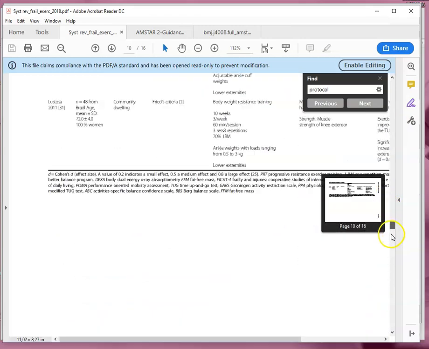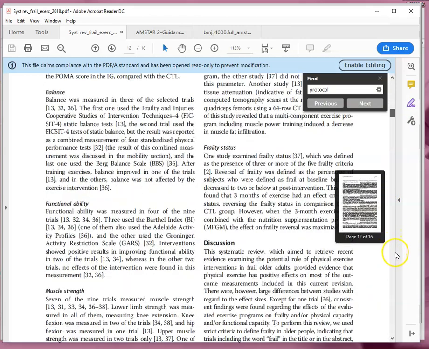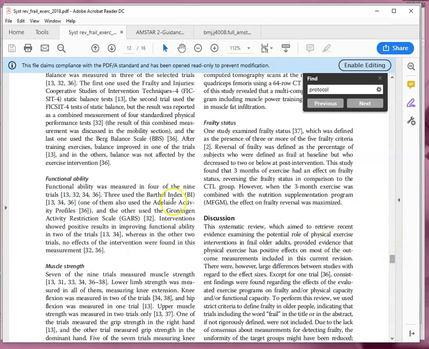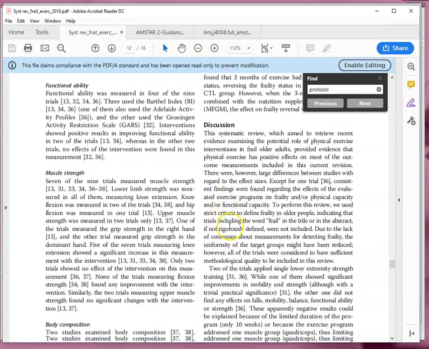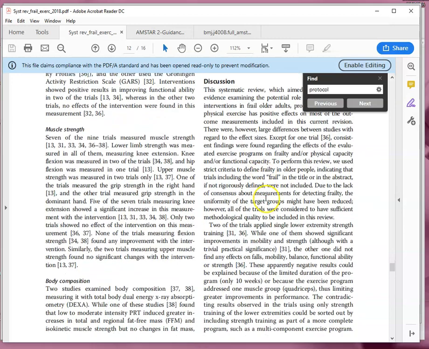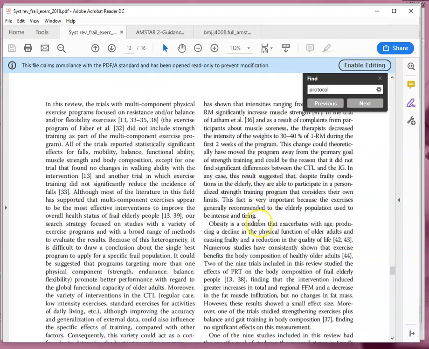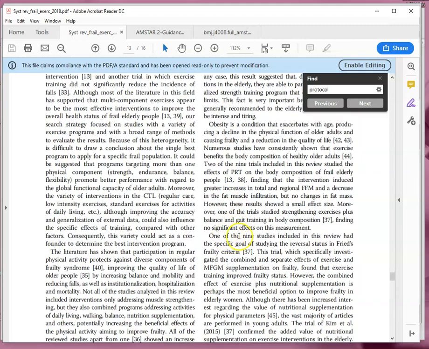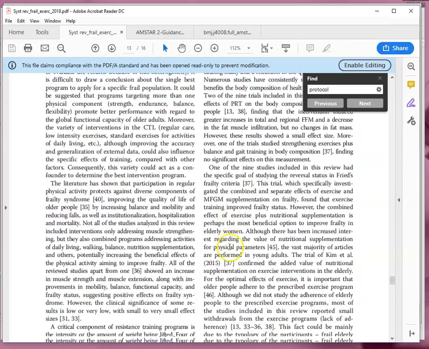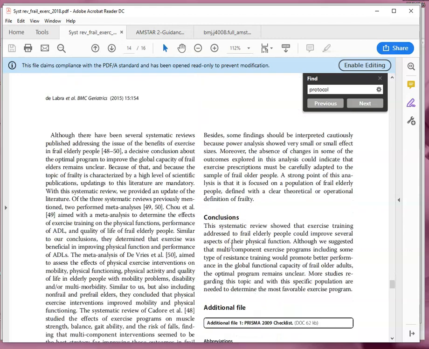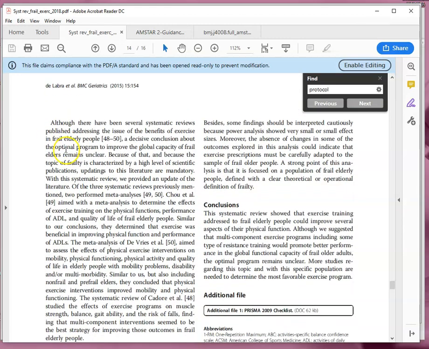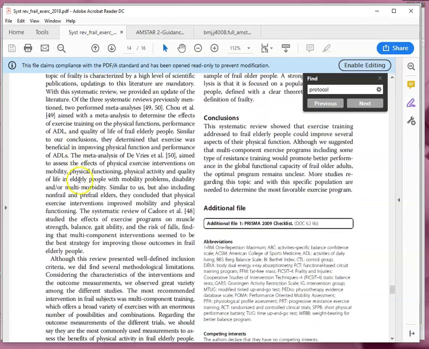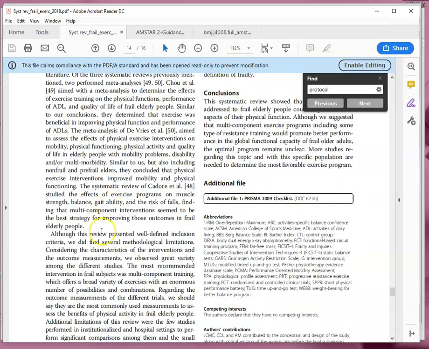You can sometimes find it in the discussion, where they discuss their own methods. So the discussion used to be like the results in the beginning, and this is all the results, 9 studies, blah blah blah. Where do they start this? Let's see. Oh, here it is. We submitted the methodological limitations, blah blah blah.